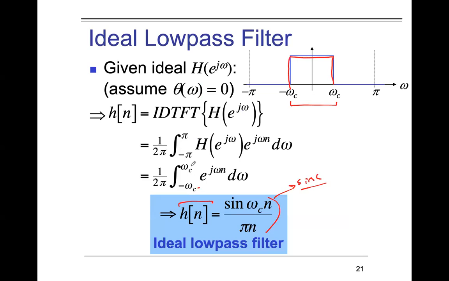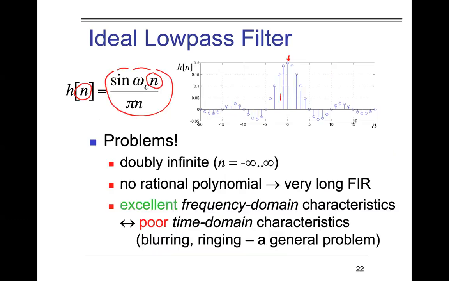From minus omega c to omega c, it is true for all n's, and it is sine(omega c n) divided by pi n. If you remember, the sinc function was like sine x divided by x. The general formulation is sine x divided by x.